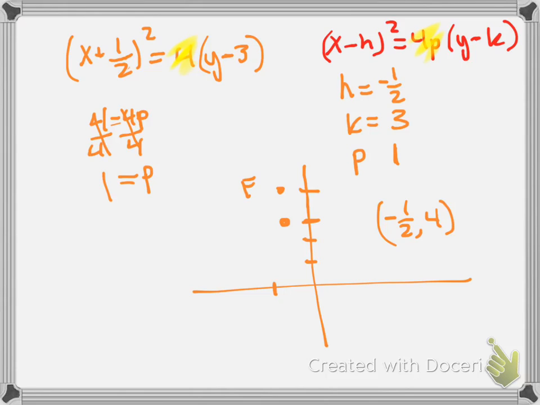And then my directrix is going to be down 1. So if I go back 1 from there, I'm going to end up right here, and my directrix is going to be what? y equals a positive 2. And then I can draw in my beautiful parabola. Perfect.